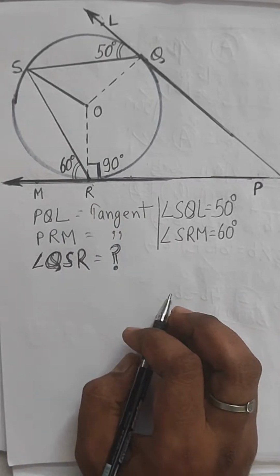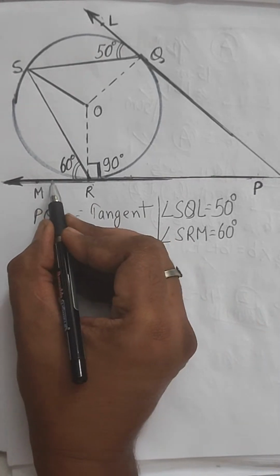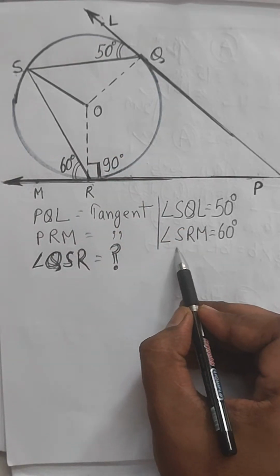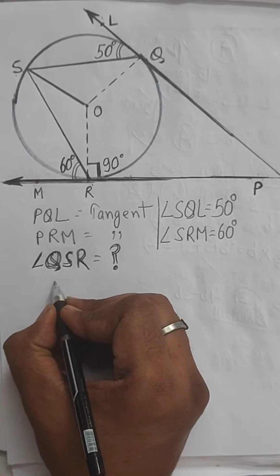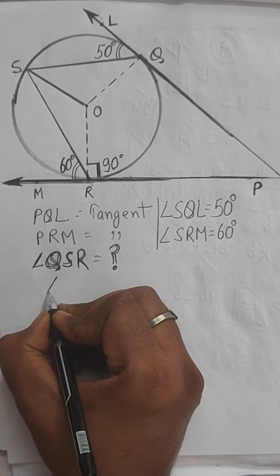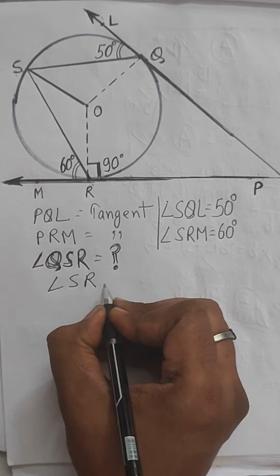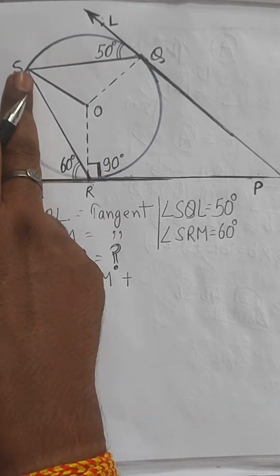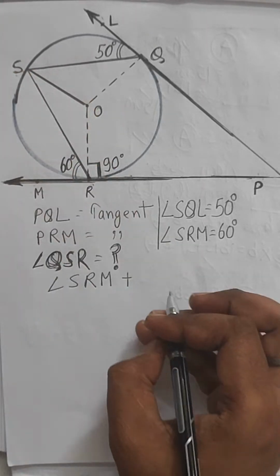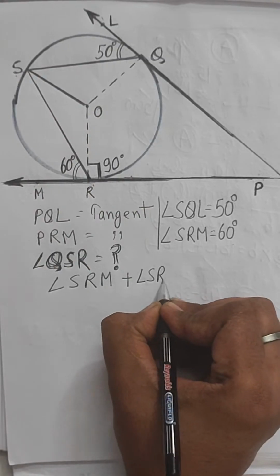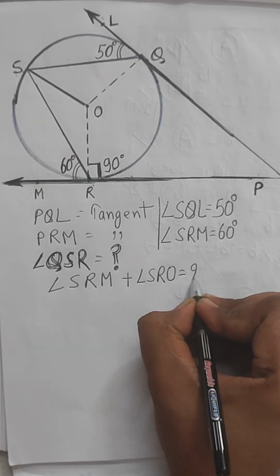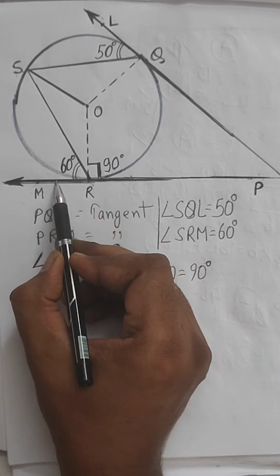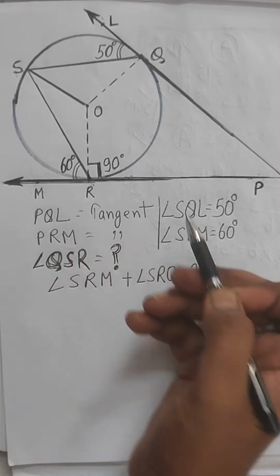So we can write it as: you know that angle SRM is 60 degree. So we can write angle SRM, this one 60 degree, plus angle SRO, both the sum will be equal to 90 degree, because I am showing here 90 degree, but this is also 90 degree because this is a straight line, right?